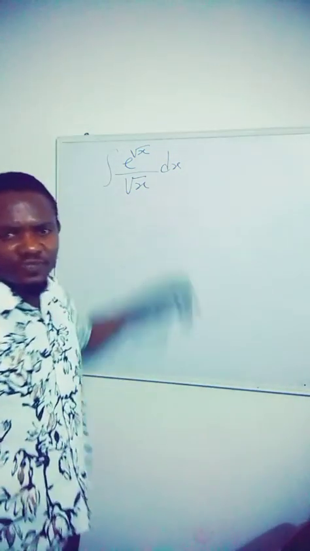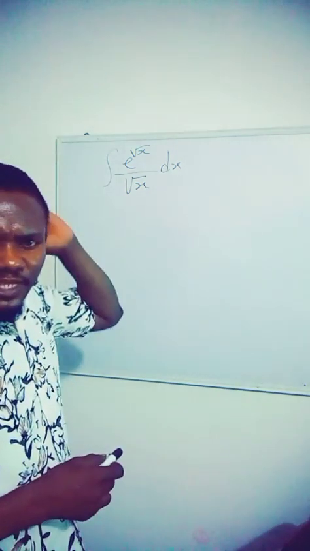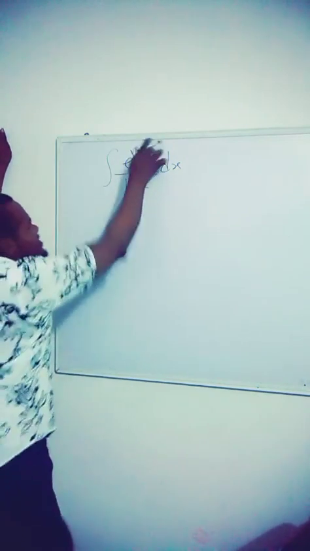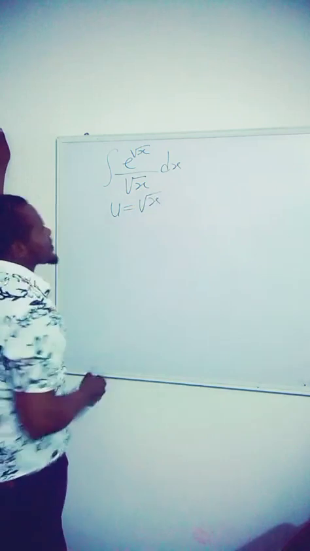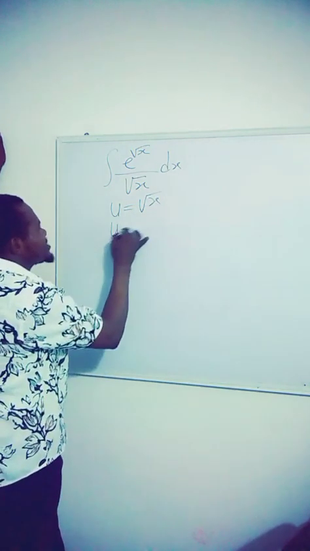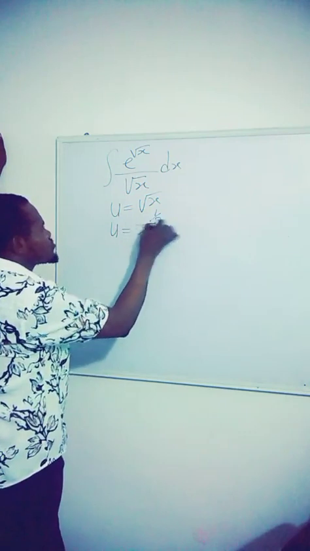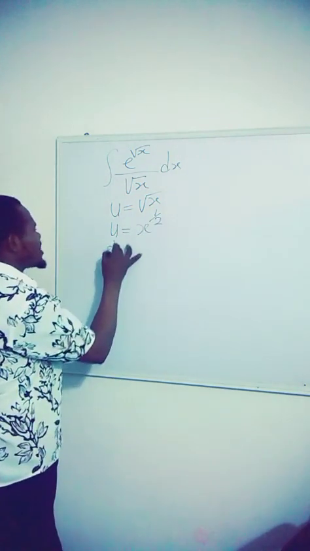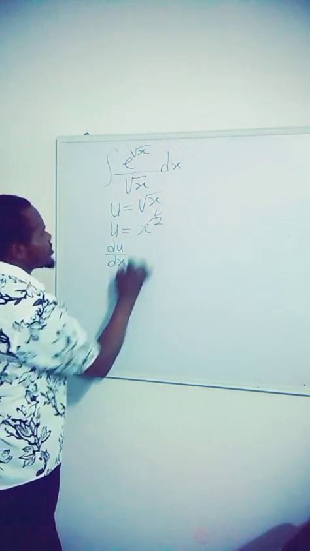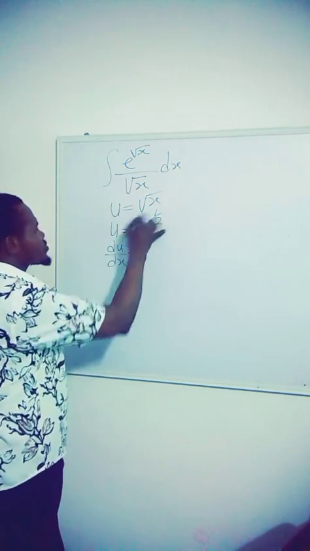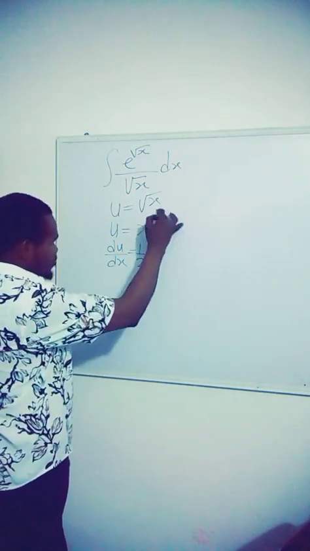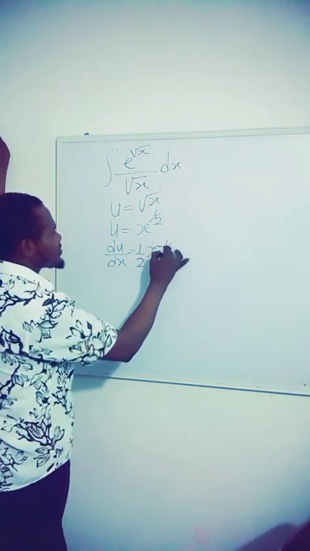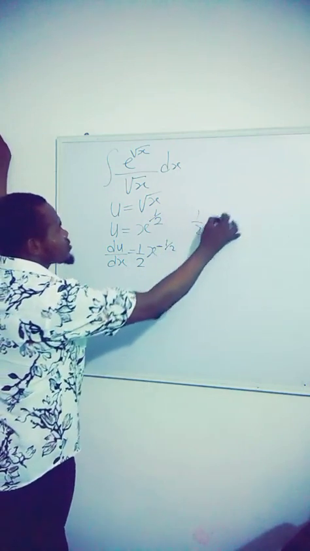So now let's solve this. What you are having here, we can say let u equals root x. I can rewrite this as x raised to power 1 over 2. Now du dx will be equal to 1 over 2, then x raised to power 1 over 2 minus 1.